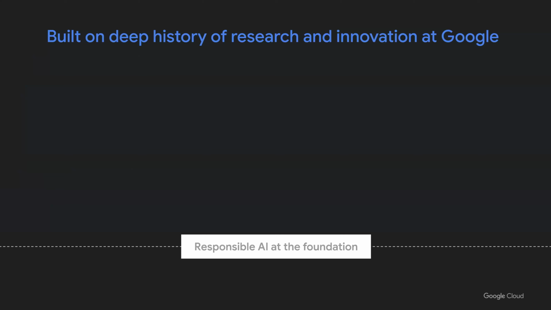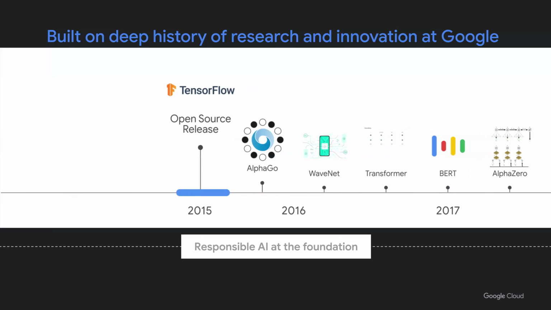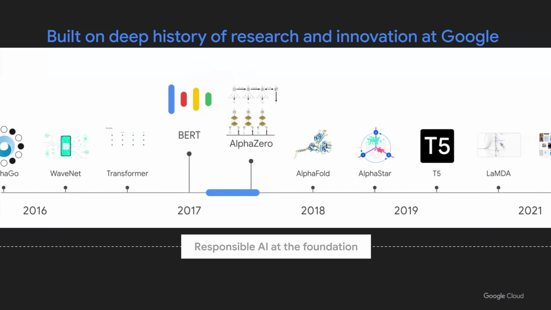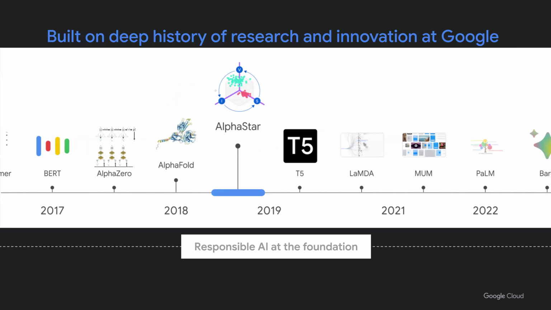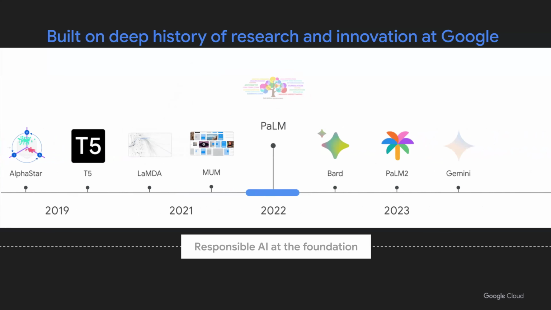All right. So Gemini is built on a deep history of research and innovation at Google. In 2015, we open sourced TensorFlow. We also launched AlphaGo, the first AI that beat a human chess master.